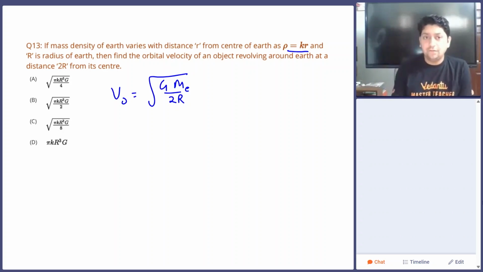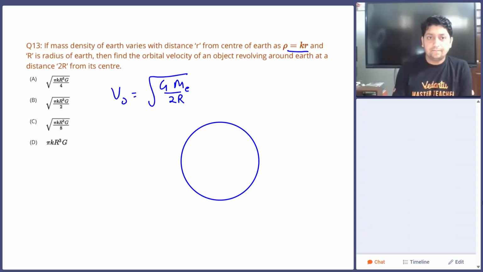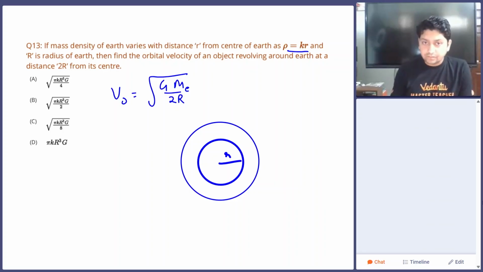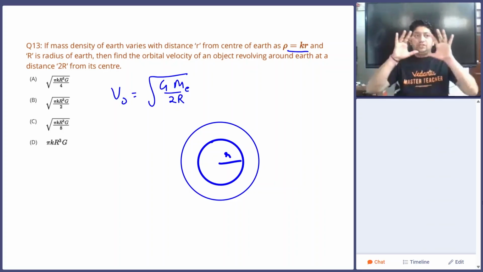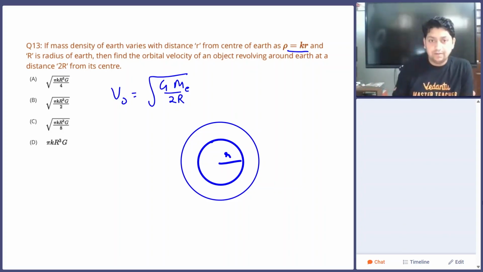The density is variable. So if this is the case, we can imagine a portion within the Earth at a distance r, a small spherical shell.